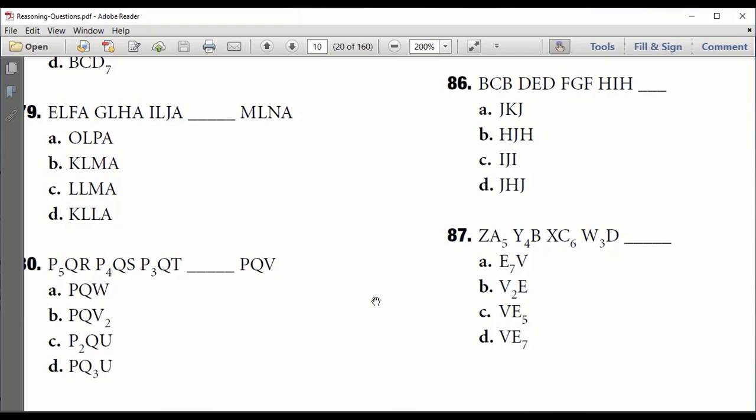Explain. Sir, alternates of B, D, F, then H, so J. And the last one also is the same, sir, J. So the last is either A or D. And C, E, G, I, K, so obviously K. So JK. Yes. Good. JKJ. Perfect. Thank you.